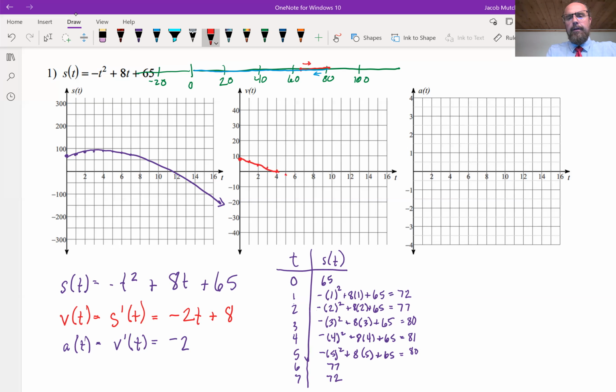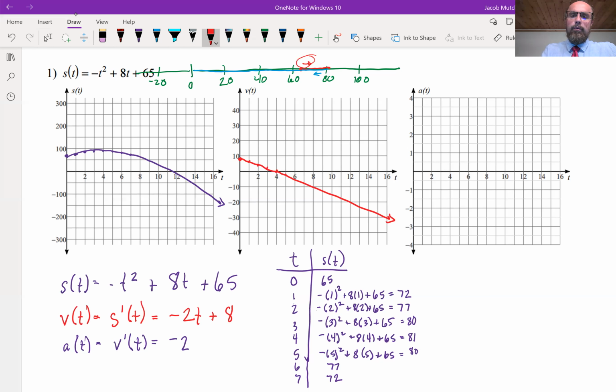Again, here our velocity function is linear. And this supports what we're seeing with this motion of a particle along a horizontal line. It starts with a positive velocity, so it's moving in the positive direction.